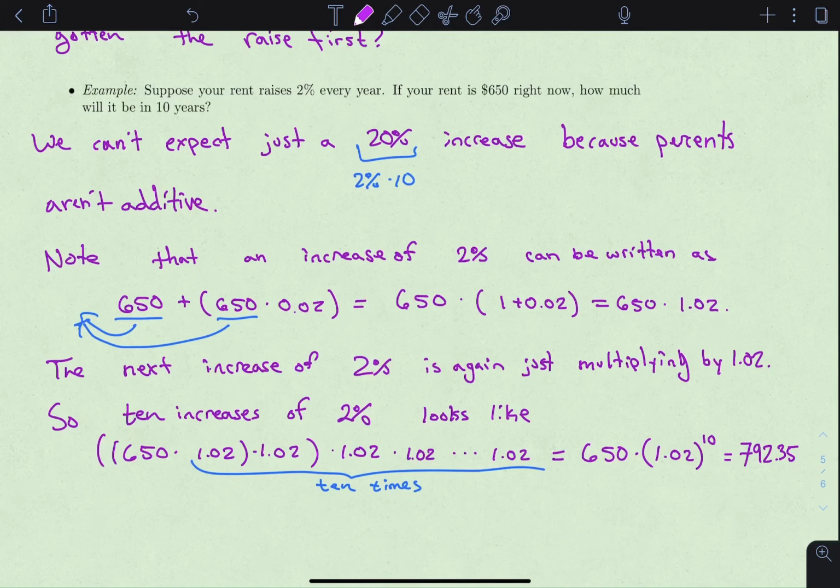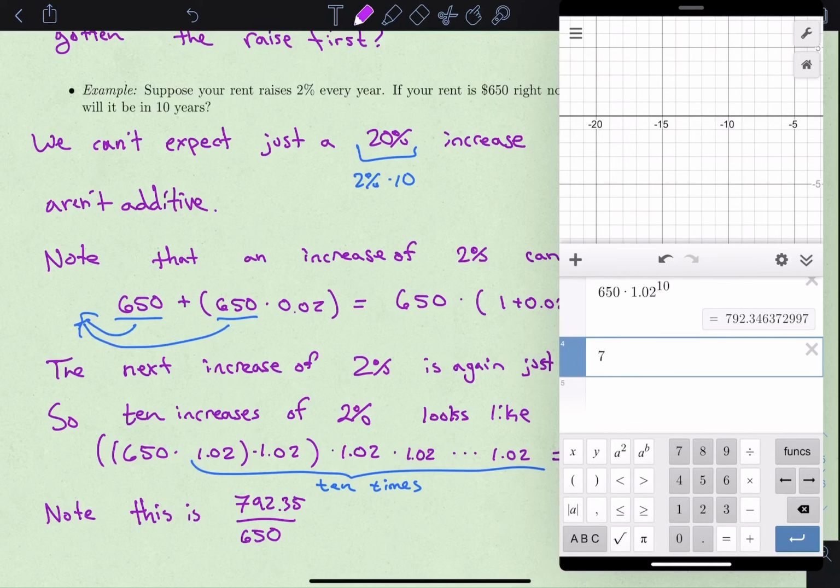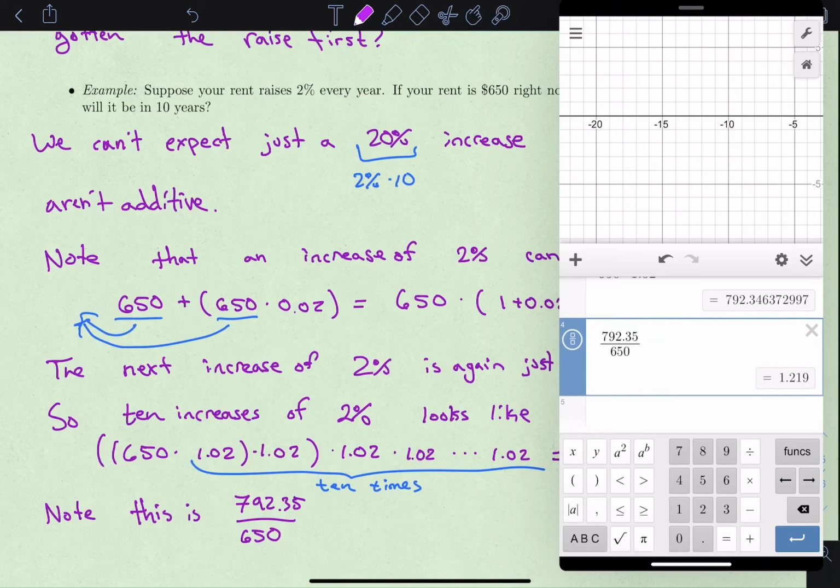And note, this is 792.35 over 650. We're going to calculate the percent increase that this actually amounts to. Equals 1.29219.